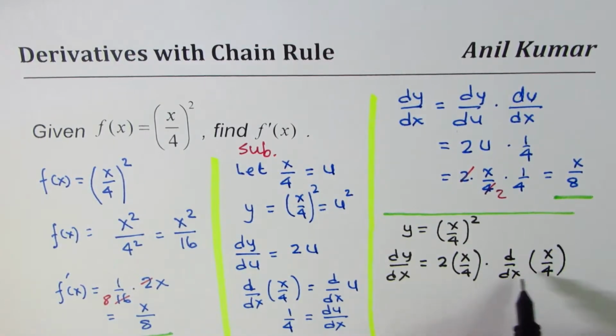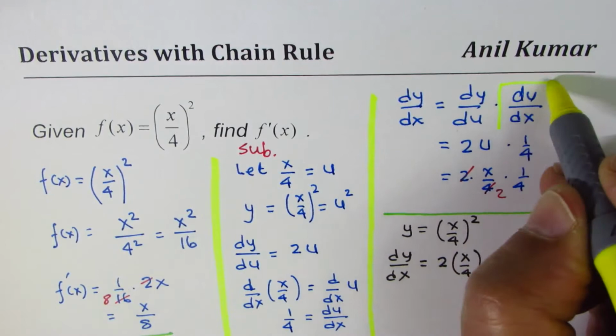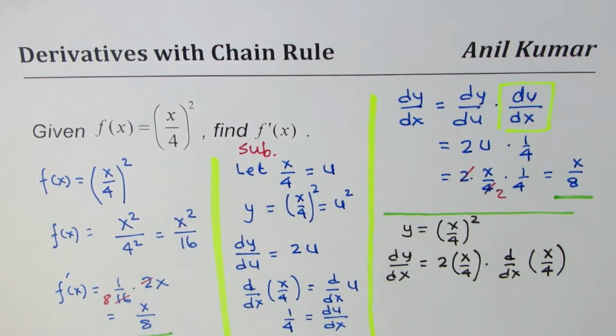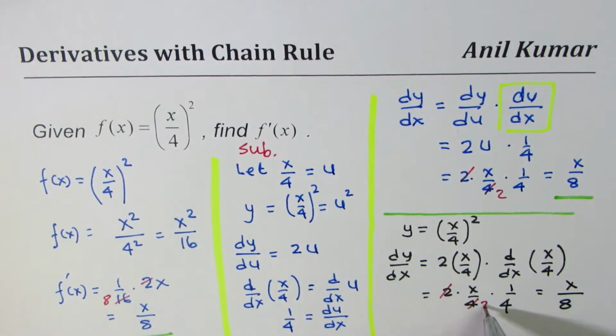Do you see that? The derivative of the inside function. Now we could write this as 2 times x over 4 times the derivative of the inside function, which is 1 over 4, just as we got earlier, and that is equal to x over 8, correct? That cancels out, giving you x over 8.